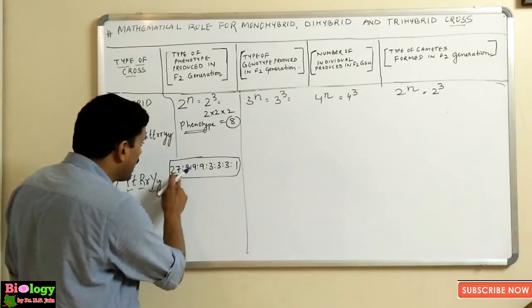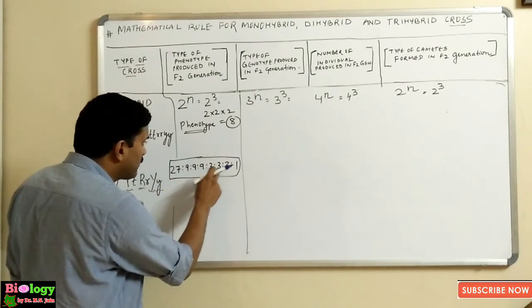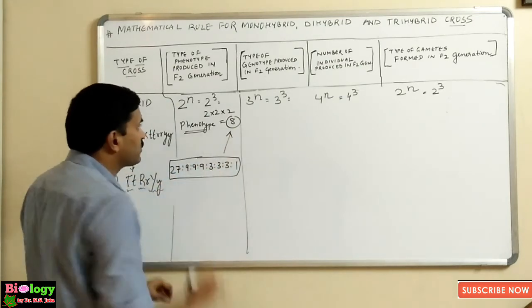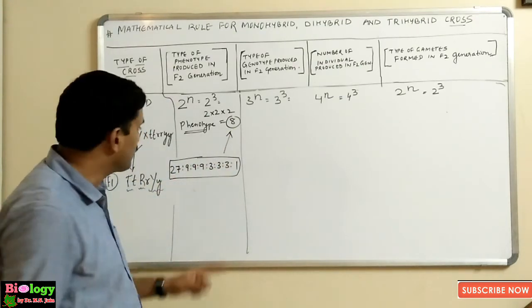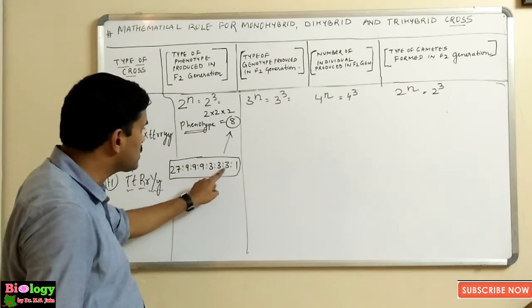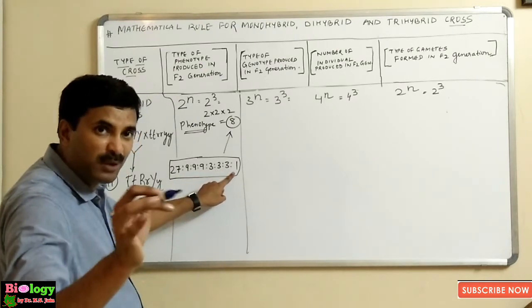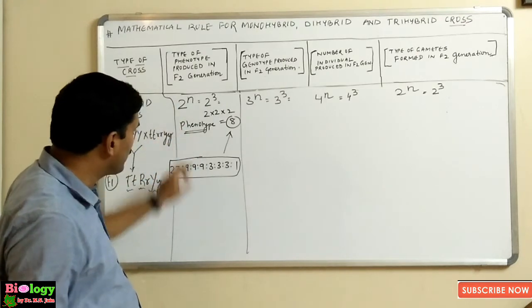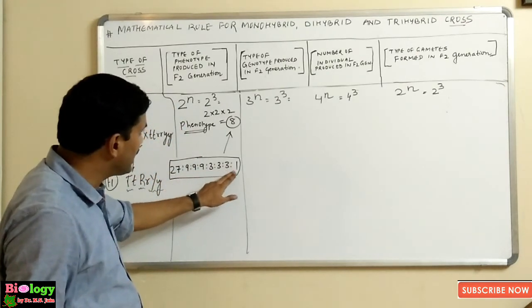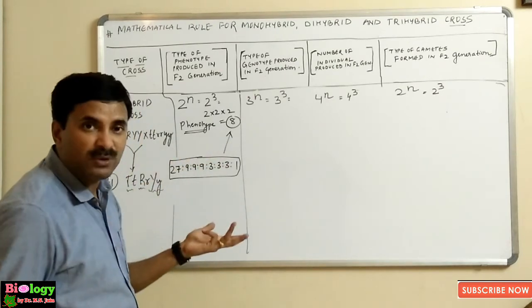Count it: 1, 2, 3, 4, 5, 6, 7 and 8, so there are 8 types of phenotypes produced. You don't have to count the numbers, you have to see the types of phenotypes.